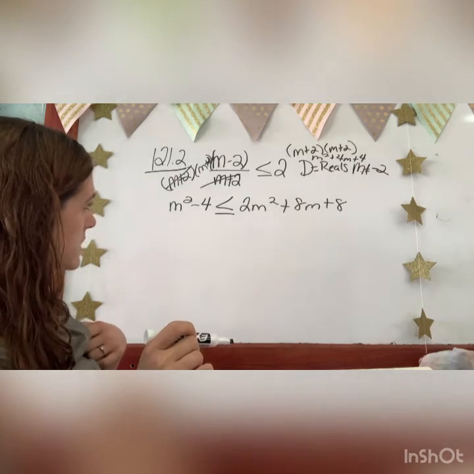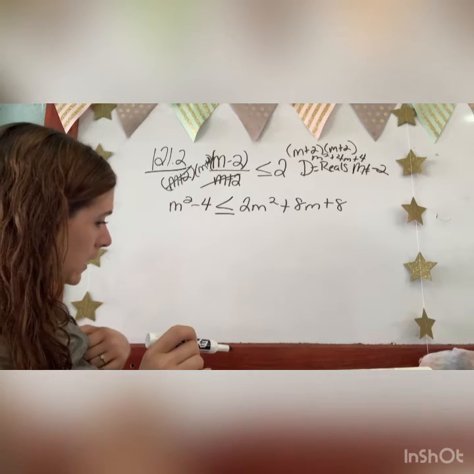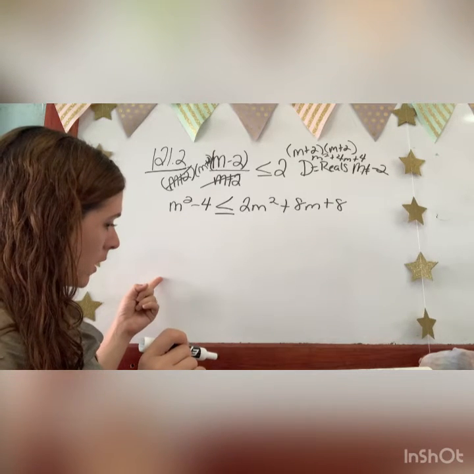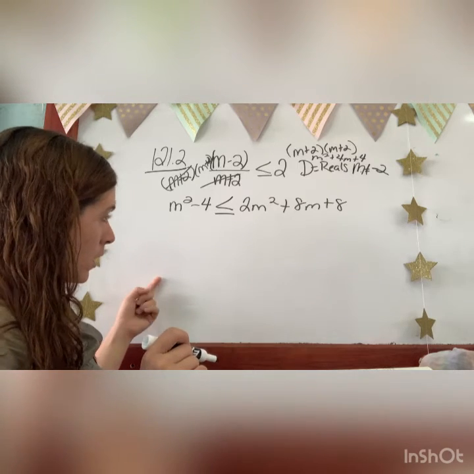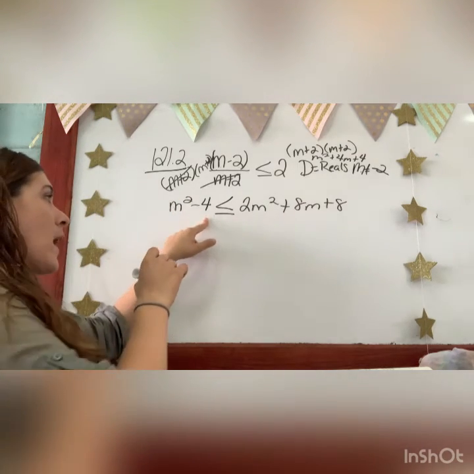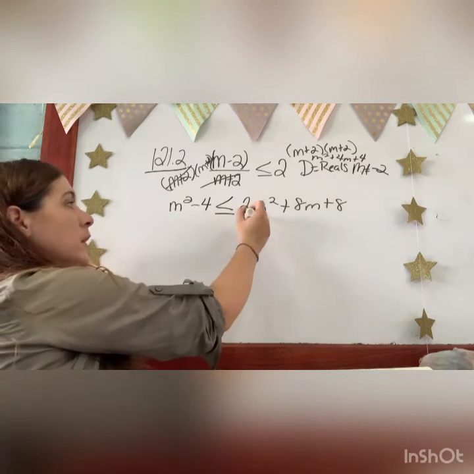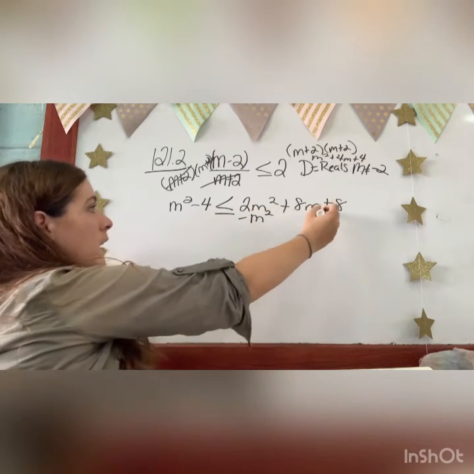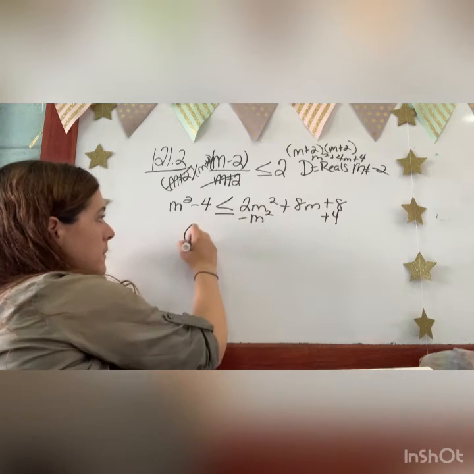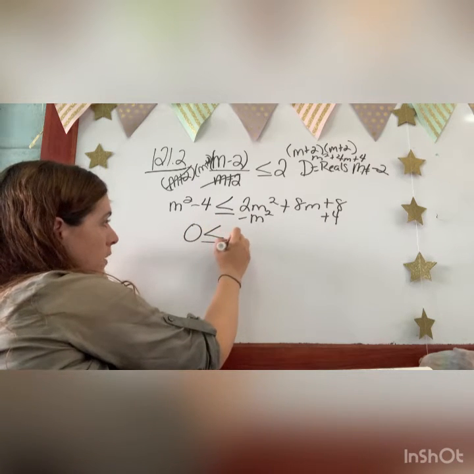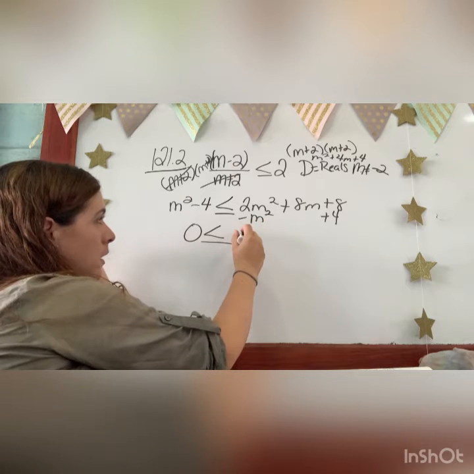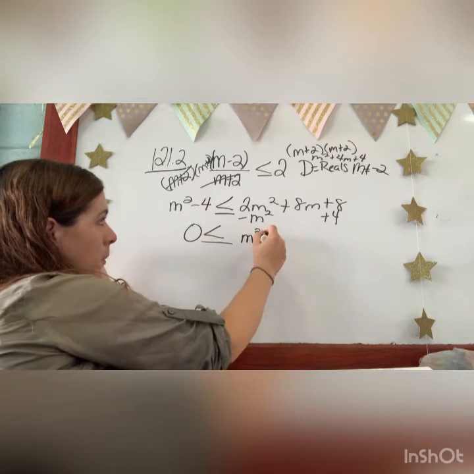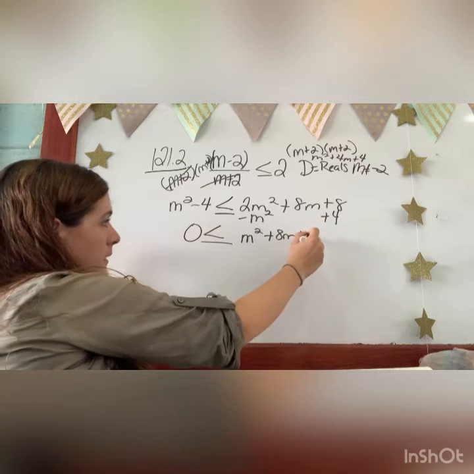So basically, they put the 0 on this side. Okay. So we're going to make this a negative m squared over there and a positive 4 over here. That's going to be 0 is less than or equal to m squared plus 8m plus 12.